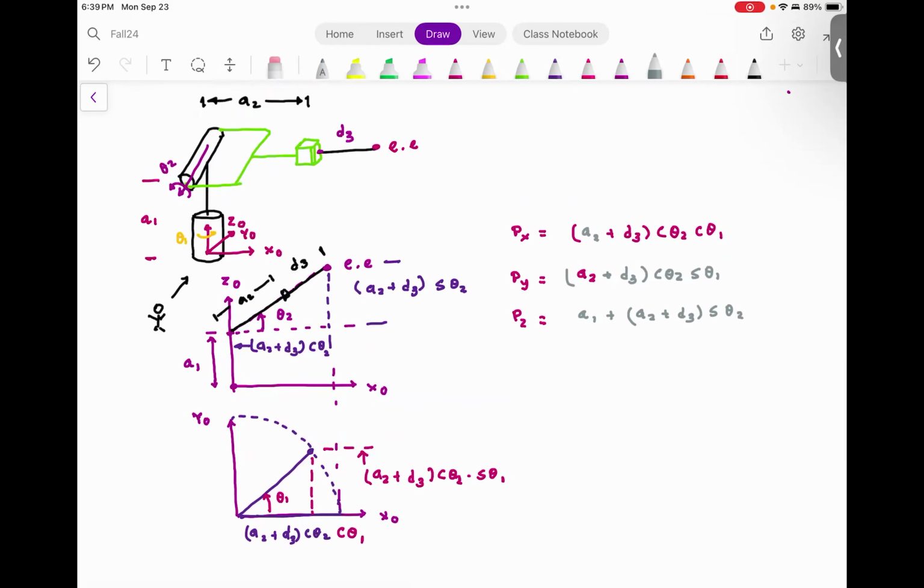This is your forward kinematics. We don't have to do the matrix multiplication, but we found the answer.